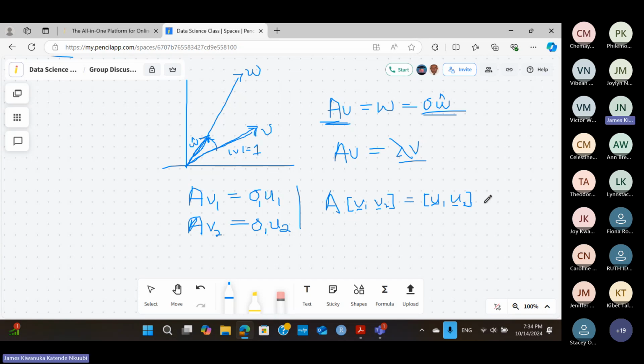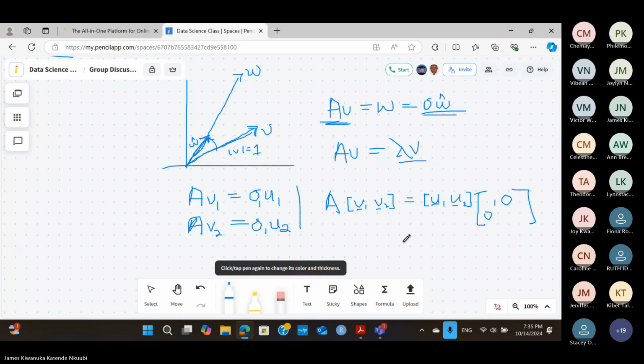Then on this other end, you will have sigma, which will be a matrix whose diagonal elements are just sigma 1 and sigma 2. This is sigma 1, this is sigma 2.